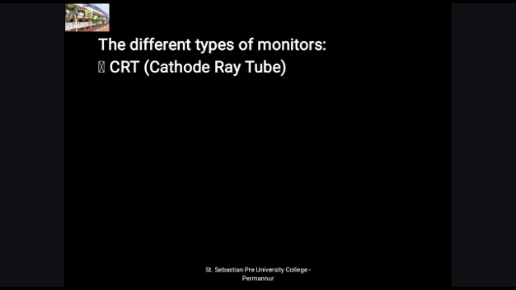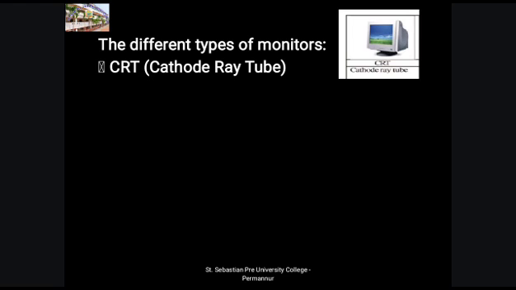First one is the CRT monitor. CRT stands for cathode ray tube. It is a traditional type monitor. It contains a glass screen and it looks like a television set. These monitors employ CRT technology, which was used most commonly in the manufacturing of TV screens.